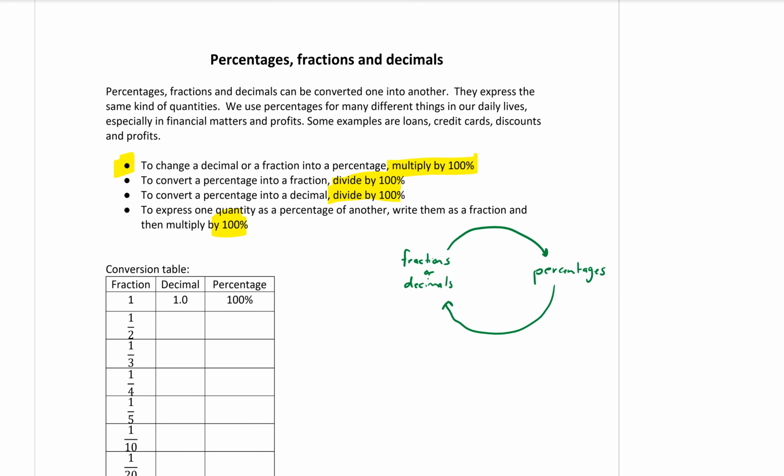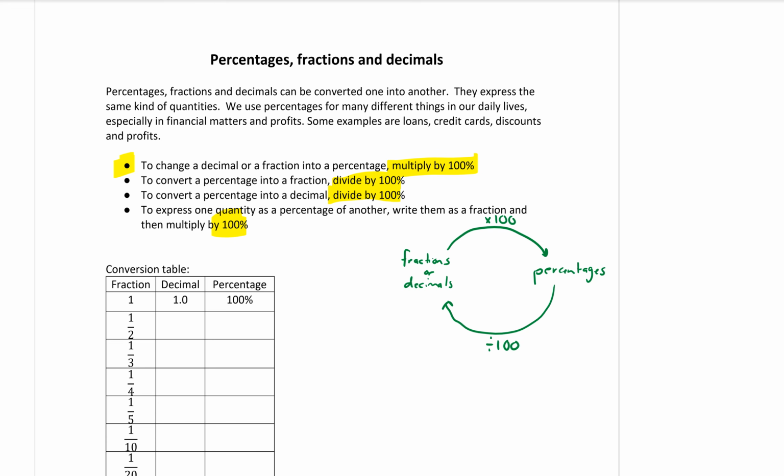If I want to get to a percentage, following the arrow, you need to multiply by 100. If you have a percentage and you want to go to the fraction or the decimal, then you're going to divide by 100. The only extra tricky part there is getting between the fraction or the decimal.